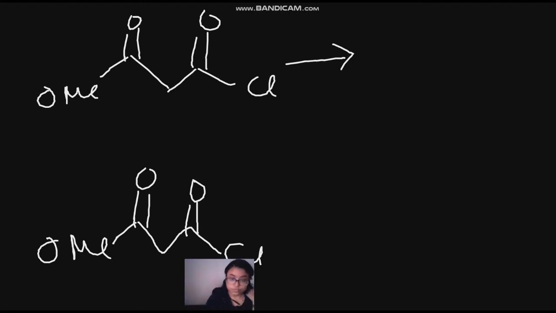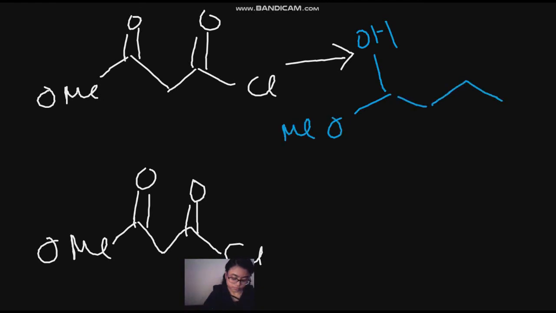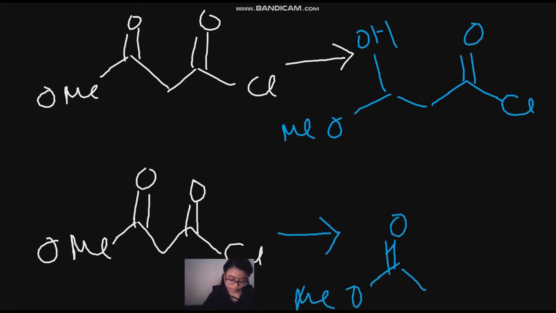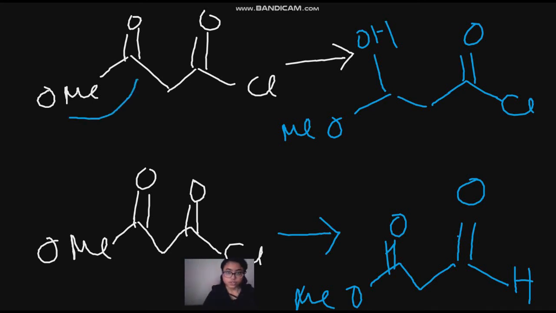And in the second case, we want this one. In the first reaction, we are reducing the less reactive carbonyl center, so we will protect the other first, then add the reducing agent.